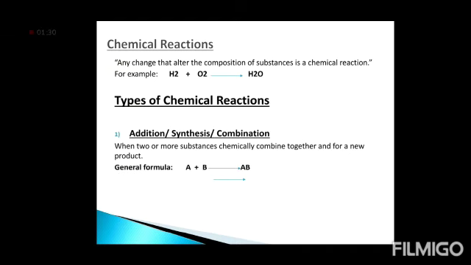The general formula for an addition reaction is A plus B arrow AB. An example is the reaction of hydrogen with oxygen to produce water. You can see here that two reactants are simply combining together to form a single product. That is why they are called addition, synthesis, or combination reactions.